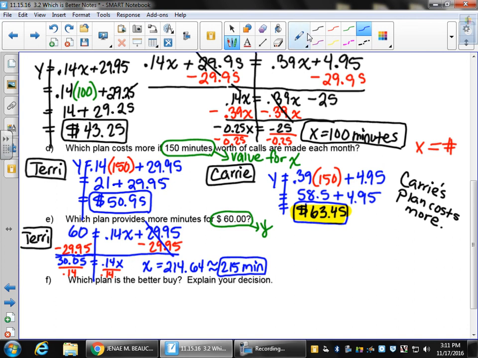Now for Carrie's company, it will be 60 equals 0.39x plus 4.95. And now we're going to solve. We'll subtract 4.95 from both sides.